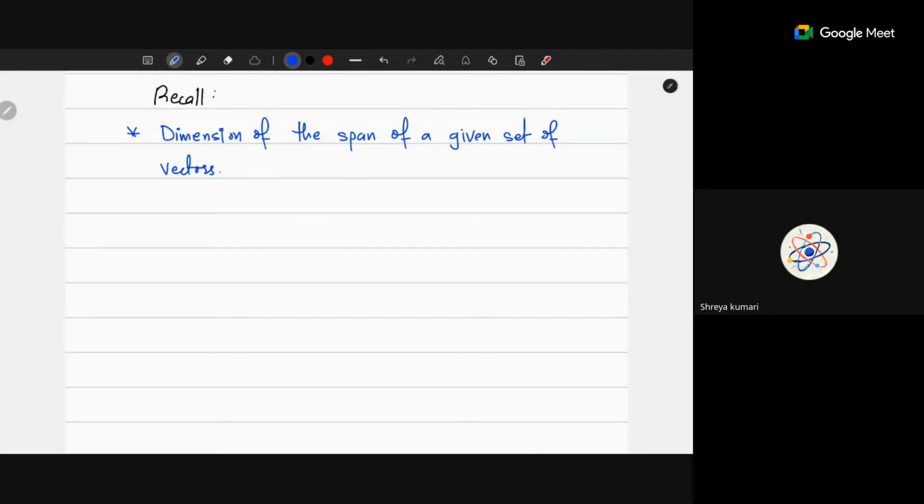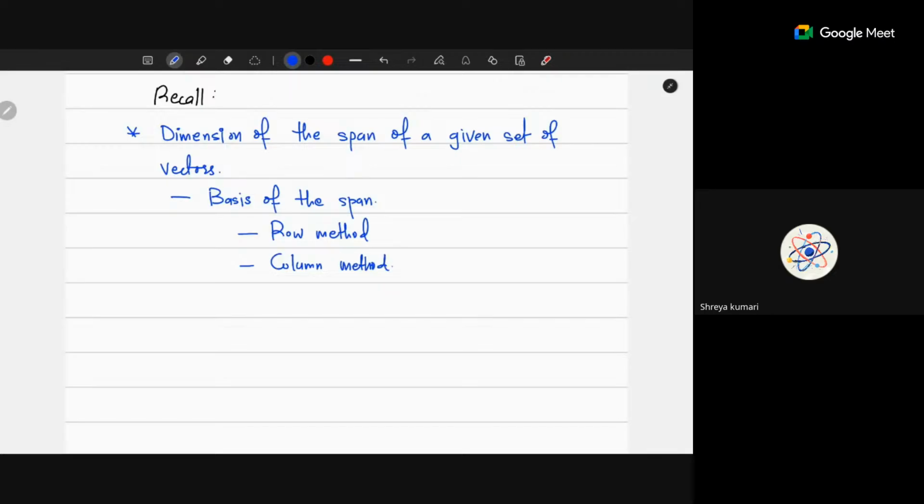We also figured out the basis of the span. As one of the students mentioned, there were two methods: the row method and the column method.